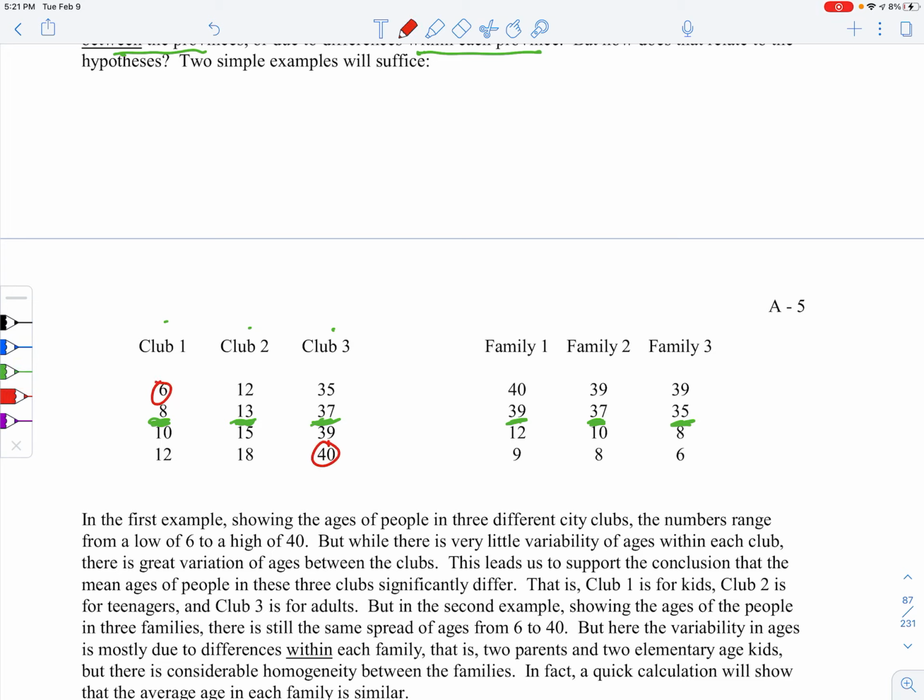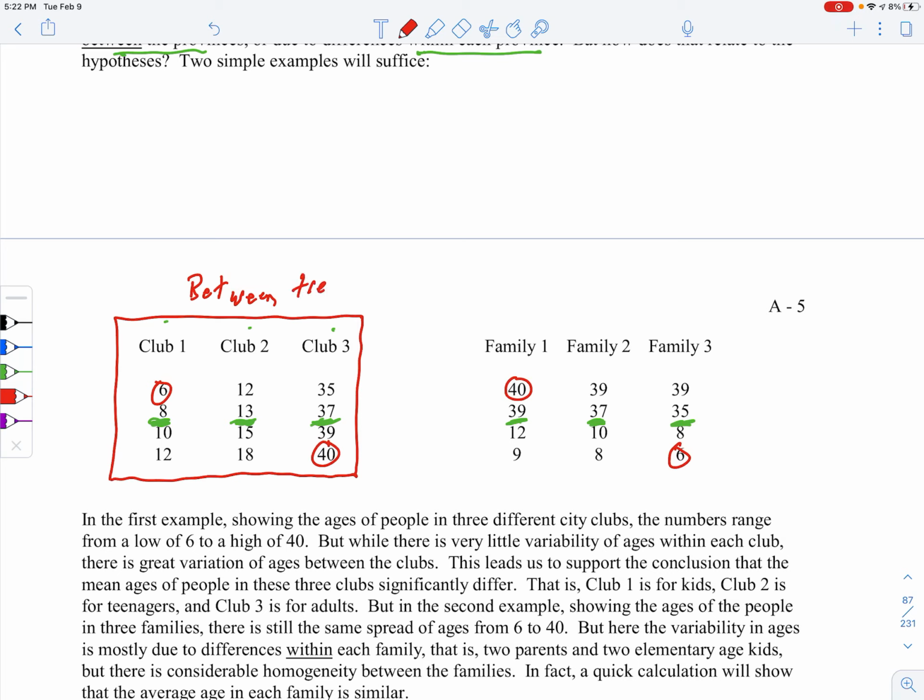The answer is that the variability is between the clubs. Within each club, you've got people of pretty close to the same age, right? We've got the kids club, the teenagers club, and the adults club. So the variation is between the clubs, or more generally, between the treatments.